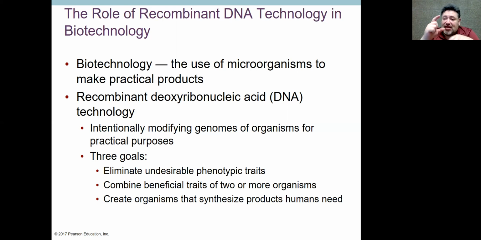So you take the gene of interest and you put it into a plasmid, and then you take that plasmid and you put it into a bacteria in order to produce the protein of that gene. There's a whole purpose behind this, which is to make a particular protein that we're interested in.